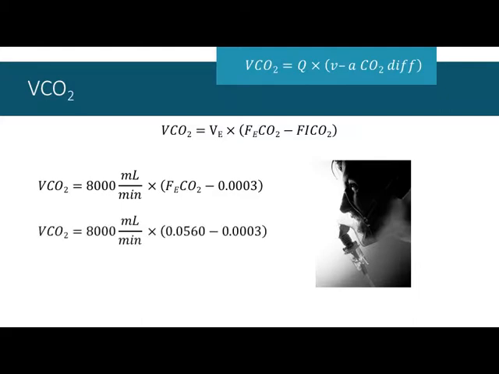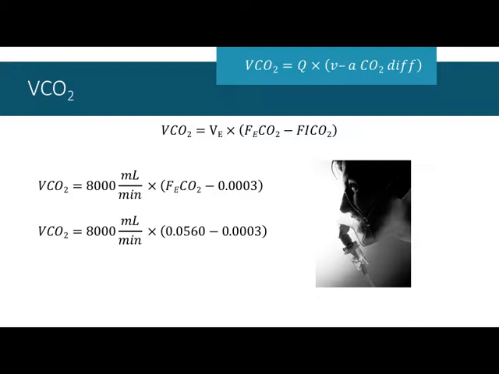Well, VCO2 then is 8,000 mils per minute times the difference between those two, and let's say a representative expired CO2 is 5.6%. Usually about 4 or 5% of the air that you breathe out is CO2. So I'm just making that number up.